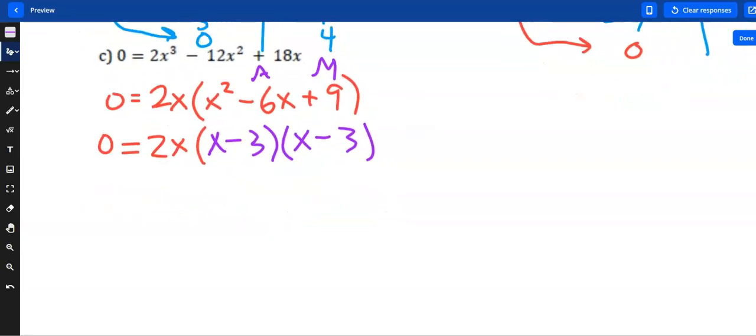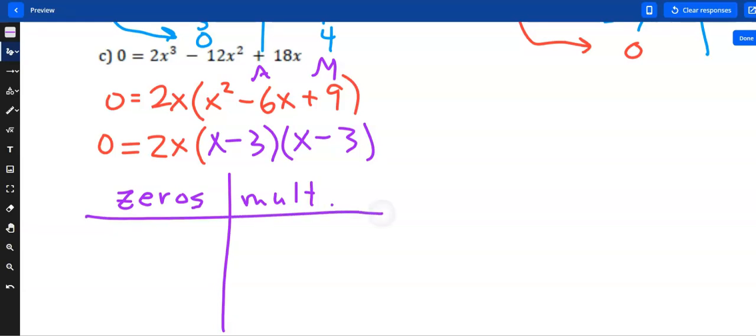Now, when you go to make your chart, remember zeros and multiplicities. Right, so the 0, well, that's easy. That occurred 1 time. But the 3 occurred 2 times, right? You see x minus 3 happened twice. You can see how it happened twice.